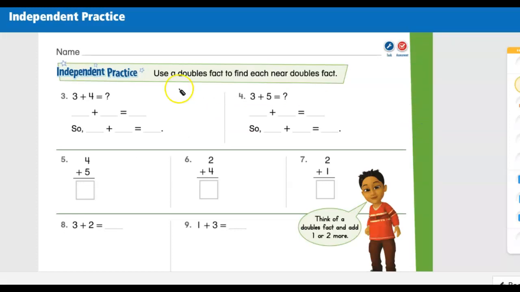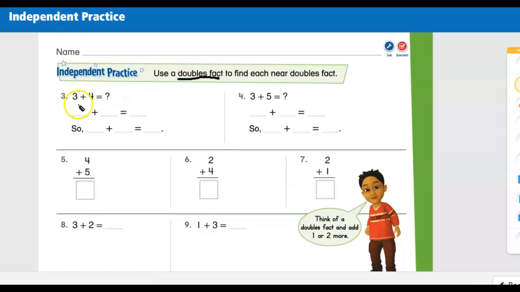On page 67, we are going to do this first one together. Okay, so it wants us to do what we just did in guided practice. Use doubles facts to find each near doubles fact. So on number 3, we are trying to find out what 3 plus 4 equals. So if I need to use a doubles fact, that means it's an equation where 2 numbers are the same.